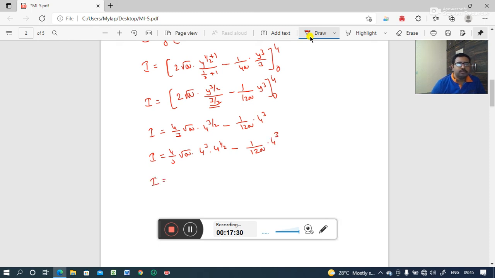So I is equal to 4 into 4 power 3 by 3 into square root of a. So 4 power 1 by 2 can be written as square root of 4, minus 1 by 12a into 4 power 3.